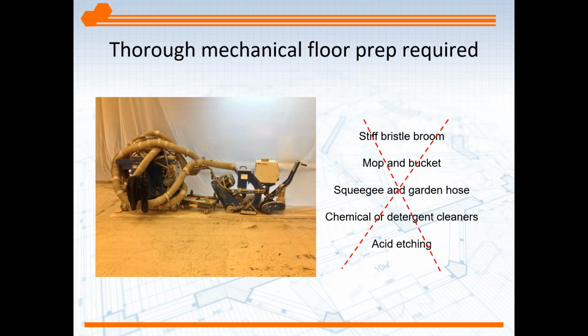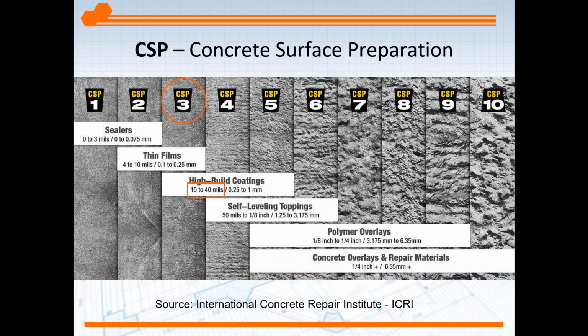Chemical and detergent cleaners, if not sufficiently rinsed, can become bond breakers. Acid etching can be very effective for prepping, but if you don't thoroughly neutralize and remove the acid residues, those can become bond breakers at a later point. So mechanical prep is highly advised prior to the installation of a moisture mitigation membrane.